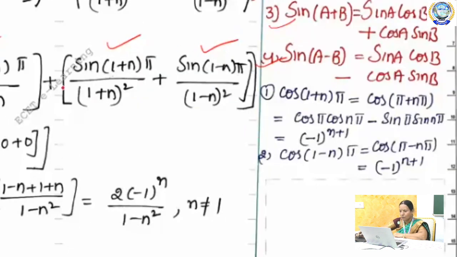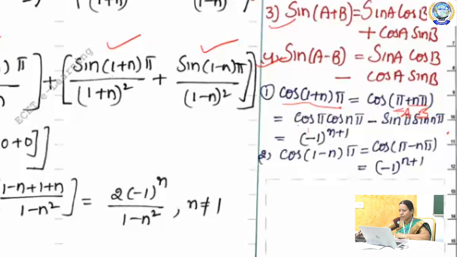See here, cos (1 plus n) pi can be written as cos (pi plus n pi). This is your A and n pi is your B. Which formula we have to use? Yes, cos (A plus B). So by using this one, we got cos pi cos n pi minus sin pi sin n pi. What is cos n pi? Minus 1 power n. What is sin n pi? 0 for all integer values of n.